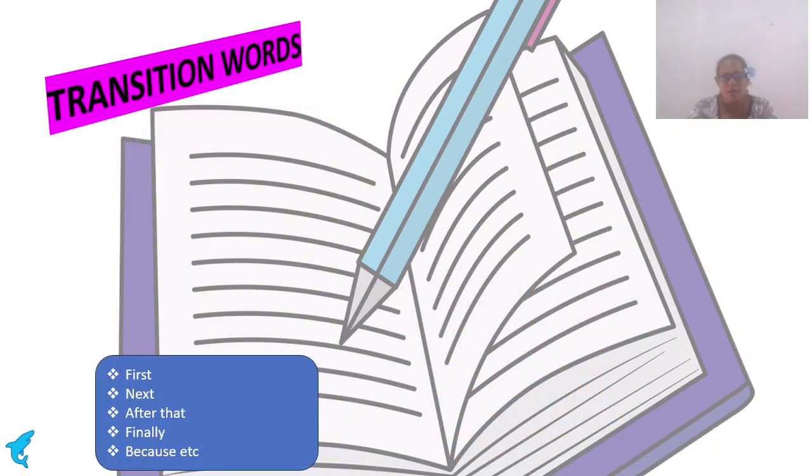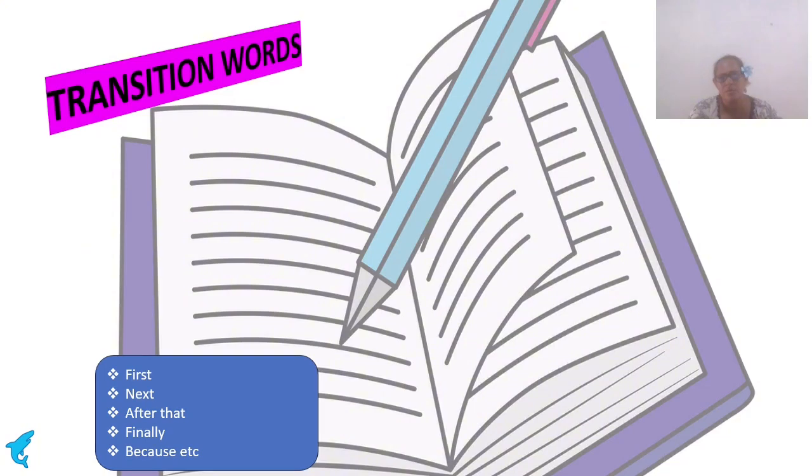The last and third writing strategy is transition words. Transition words are like linking words. They are words or phrases that help connect ideas in your writing.